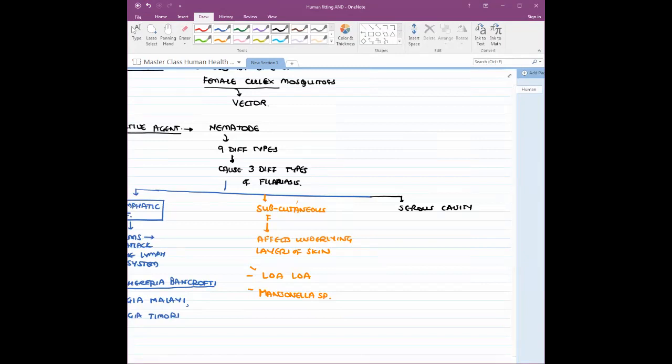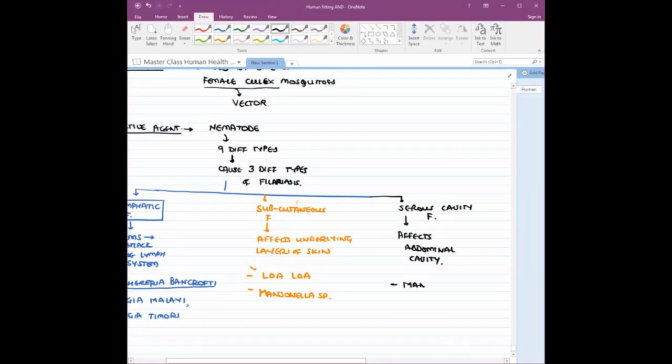And then, guys, the third one that we are going to have is the serous cavity filariasis. Basically, the abdominal cavity is going to be affected. So I'll just mention this affects the abdominal cavity. Who is the organism over here?